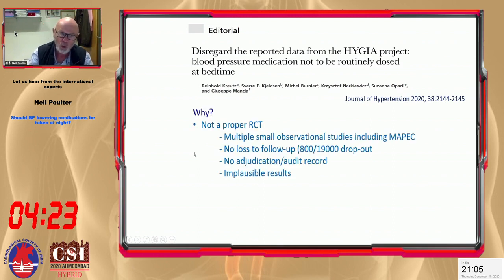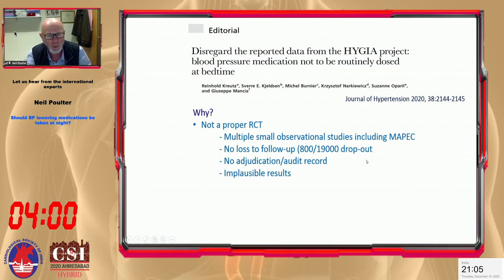Well, it looks as though this was not a proper randomized trial. Rather, it looks like some multiple observational studies were put together and collated and called the HYGEA Project rather than a trial. Some examples of the concern: there was almost no loss to follow-up. 800 out of 19,000 dropped out.